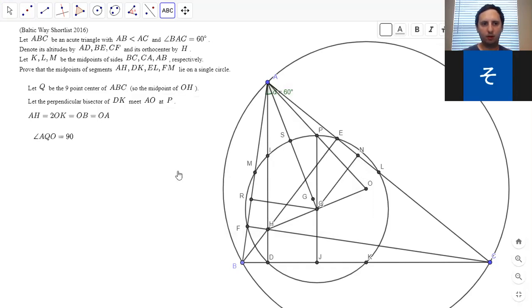All right. Okay, so we have QP equals... I think we can show that P lies on this circle.